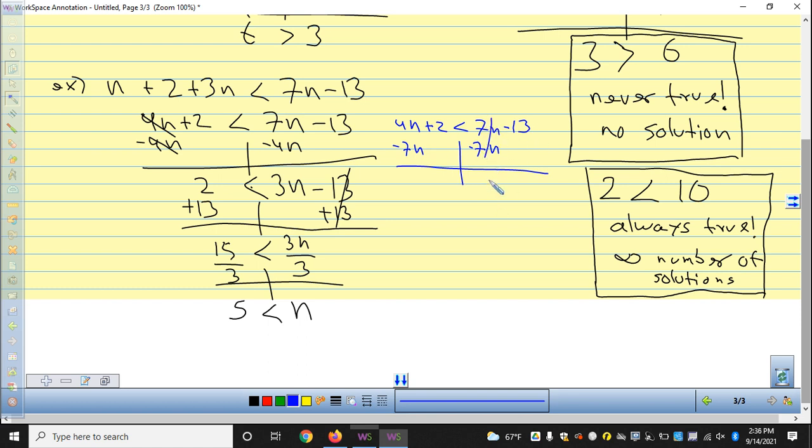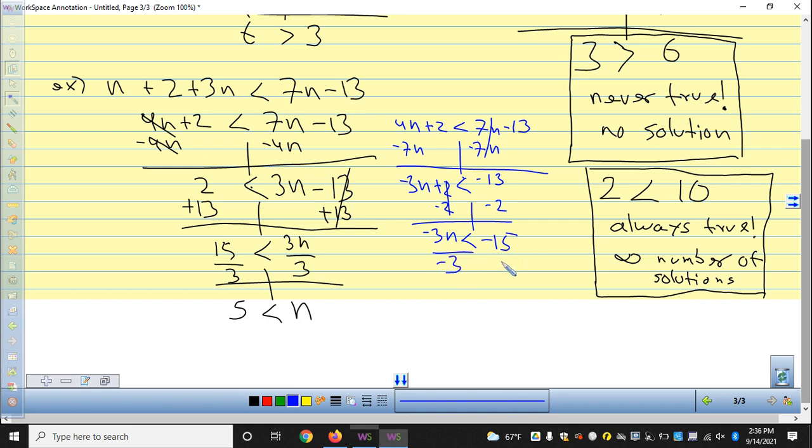Those go away. This comes down. We have a less than. 4n minus 7n is negative 3n plus 2. I would subtract 2 from both sides next. Those go away, and I get negative 3n is less than negative 15.